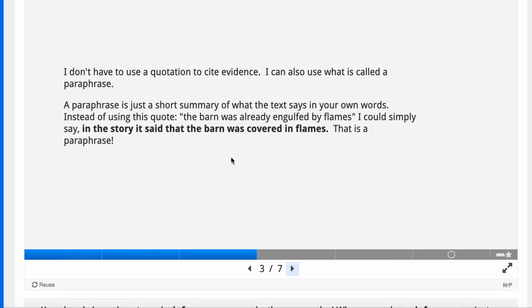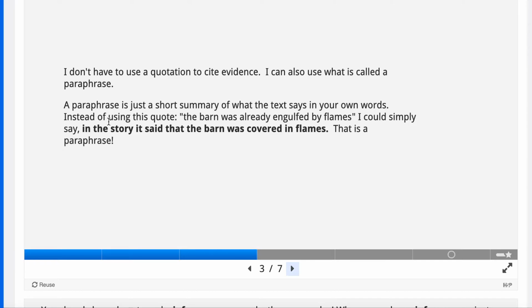Okay, so let's keep looking at this. I don't have to use a quotation. I did use a quotation in that example, but I don't have to. Instead of using a quote, I could just paraphrase what it says in the text. A paraphrase is just restating in your own words what it said. So instead of writing that quote saying the barn was already engulfed by flames, I could simply say, in the story, it said that a barn was covered in fire, or the barn was covered in flames.